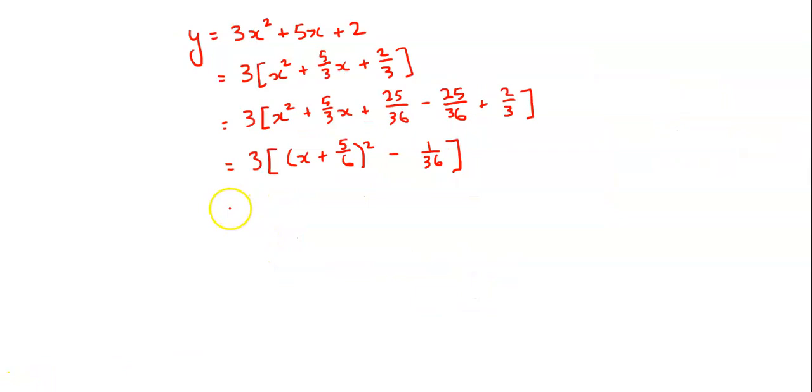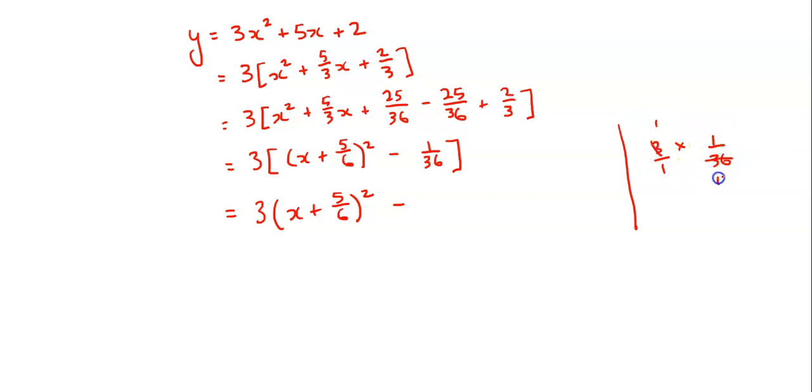Now in our fourth and final step, remove the square brackets so that the 3 on the outside is multiplied by everything inside the square brackets. So we're going to have 3 open brackets, x plus 5 over 6, close bracket squared, minus 3 by 1 over 36. 3 and 3 is 1, 3 and 36 is 12.